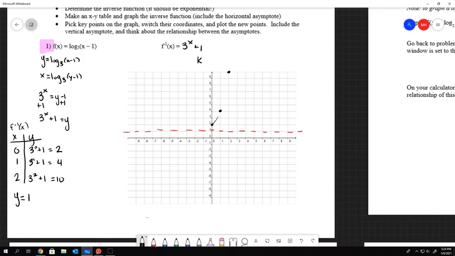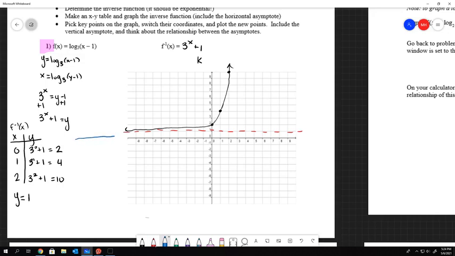And then we'll just finish graphing. So now I've done step 1 and step 2. Step 3 says pick key points on the graph, switch the coordinates, and plot the new points.